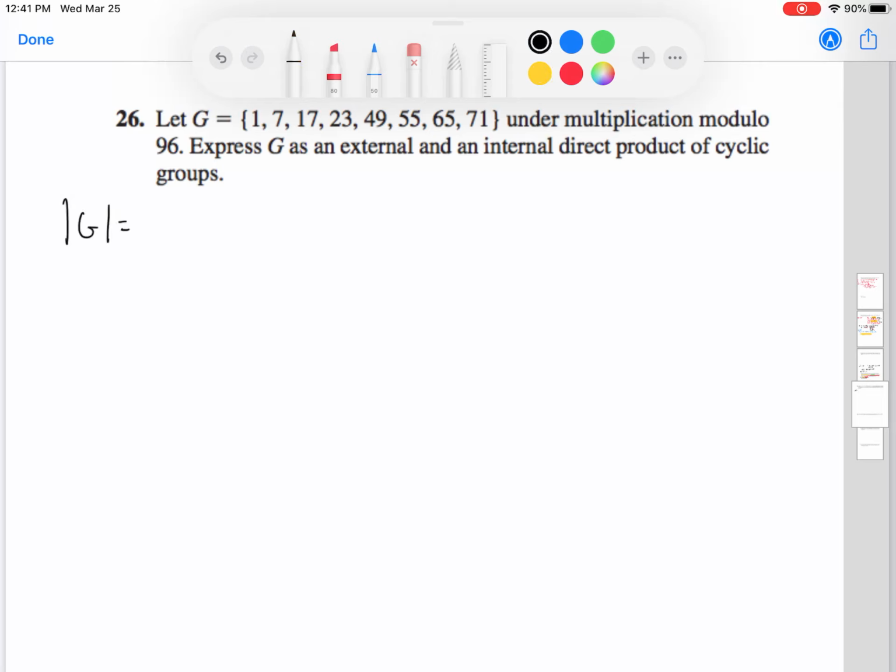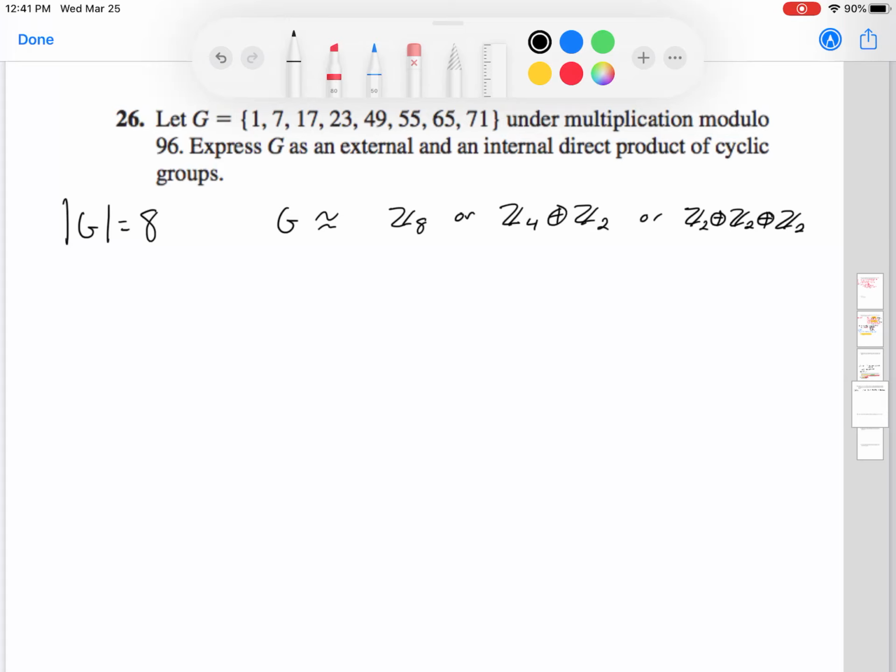The order of G is 8. That means that G would be isomorphic to Z8 or Z4 external direct product Z2, or it could be Z2 external direct product Z2 external direct product Z2.